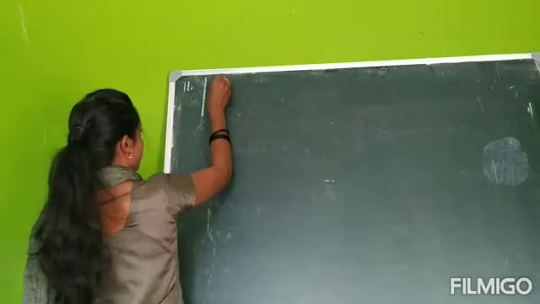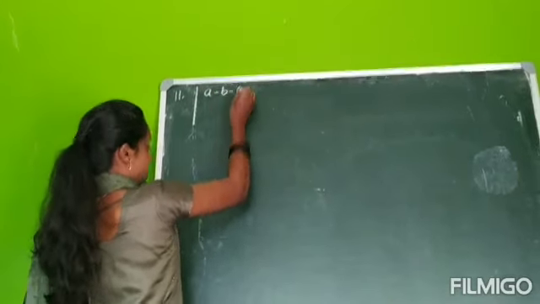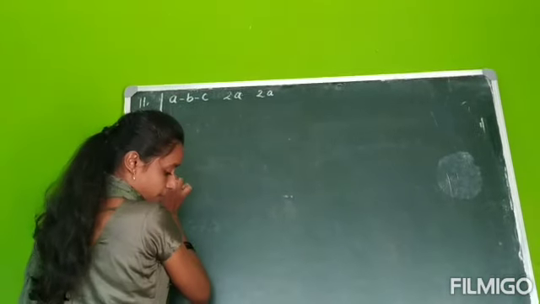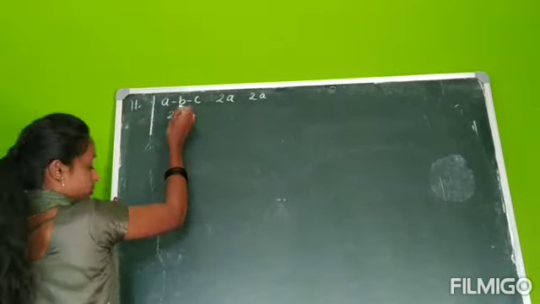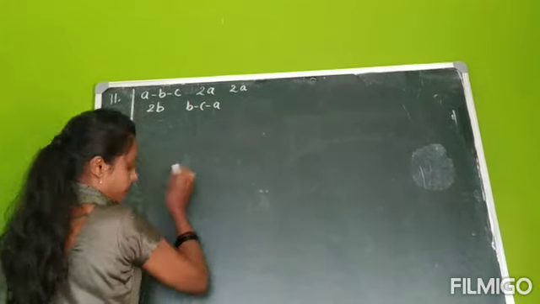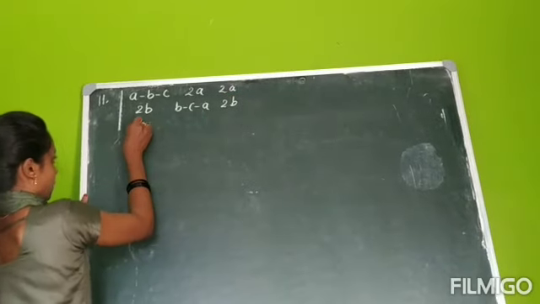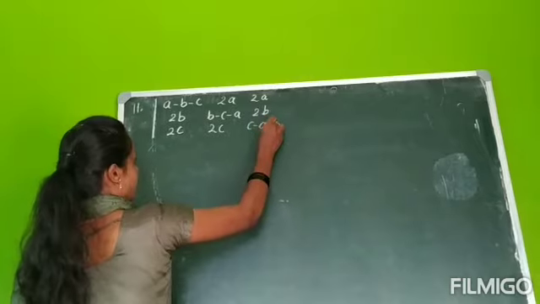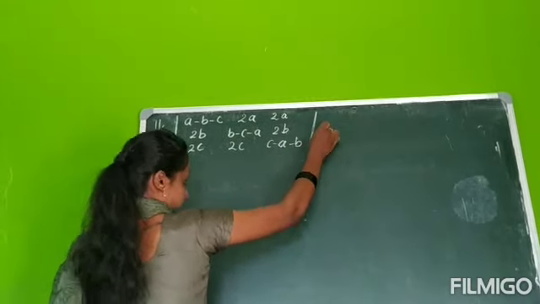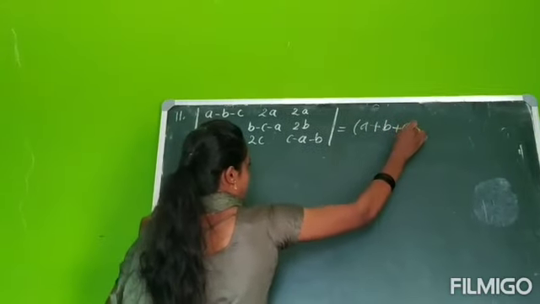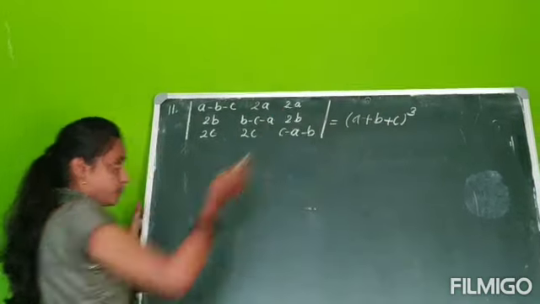First one is a minus b minus c, 2a, 2b; then b minus c minus a, 2b, 2c, 2c, c minus a minus b, and we need to prove that this equals (a plus b plus c) whole cube.